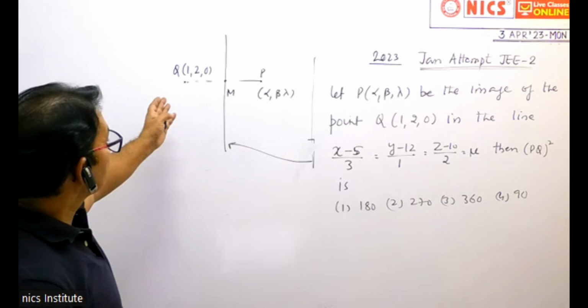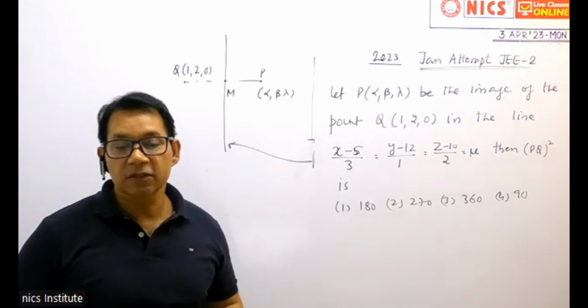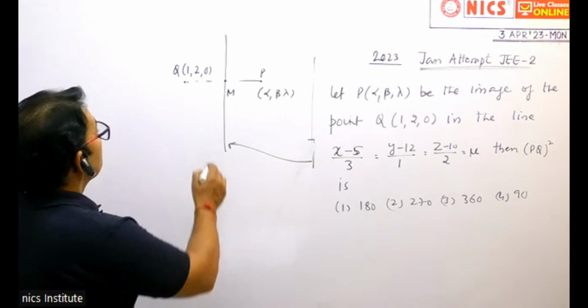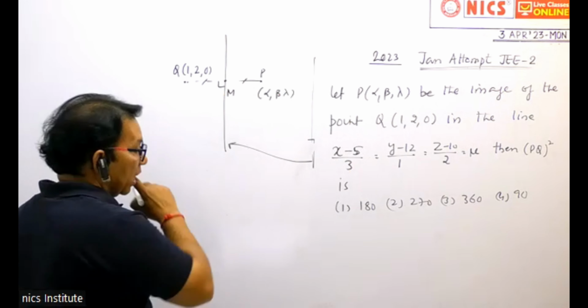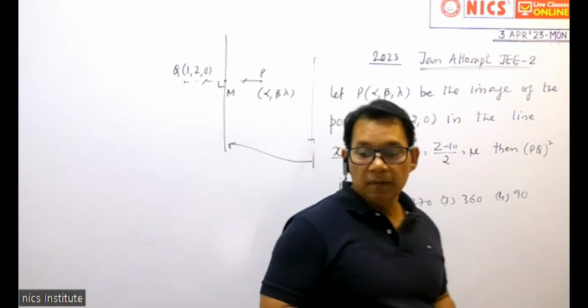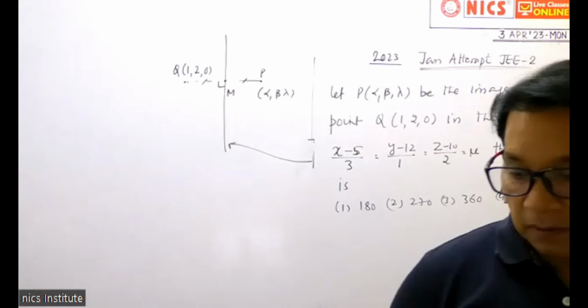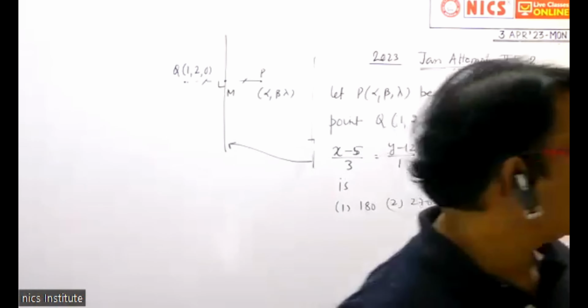You know that whenever there's a point and you see its image, it's always at the same distance behind. So this is 90 degrees, and this distance will be equal to this distance. M would be the midpoint of PQ. That is what you have to take into consideration.